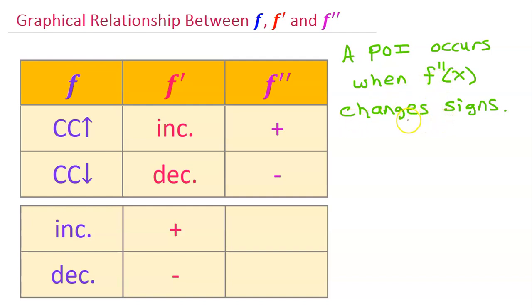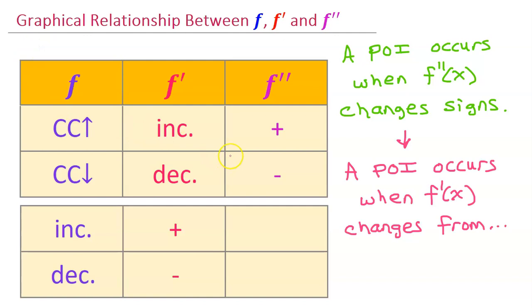However, for this problem, we are given the graph of f prime. We don't have the graph of f double prime. As we think about the graphical relationship between f prime and f double prime, we realize that if f double prime changes signs, then f prime will change either from increasing to decreasing or from decreasing to increasing.